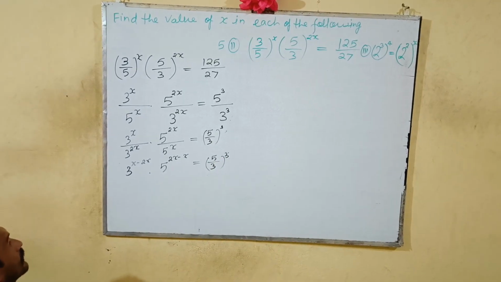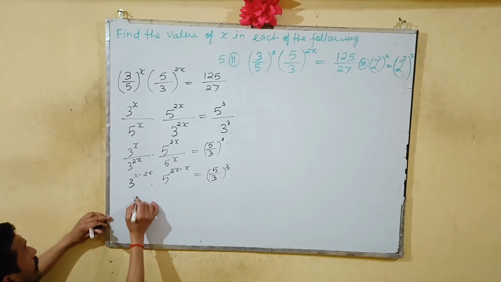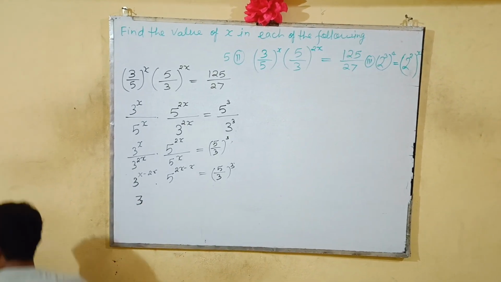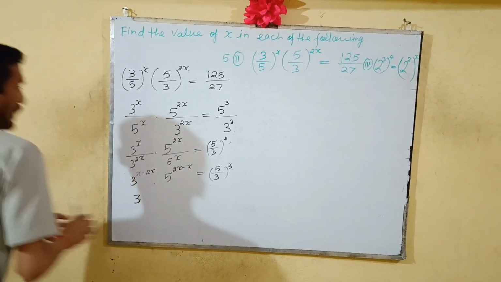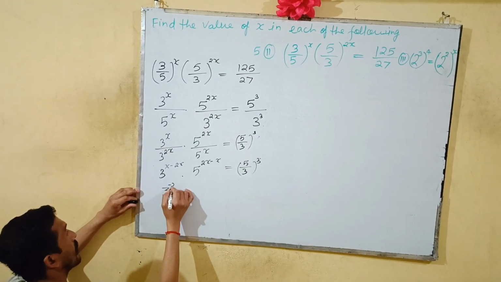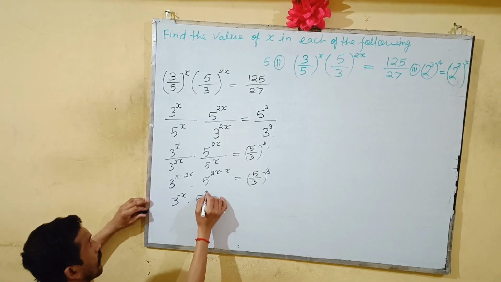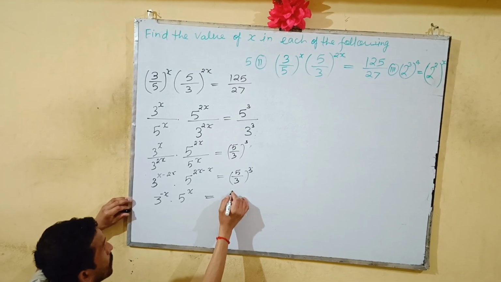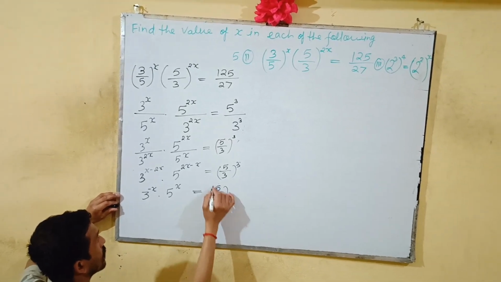Okay. Now 3 to the power how much? Minus x. 3 to the power minus x. This one, 5 to the power x, equals (5/3) cube.